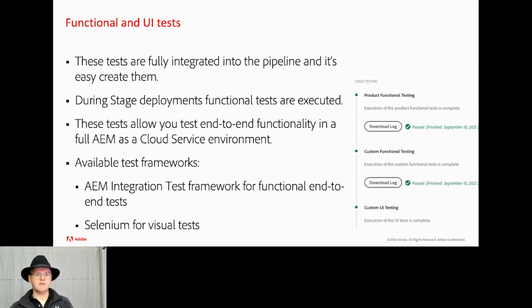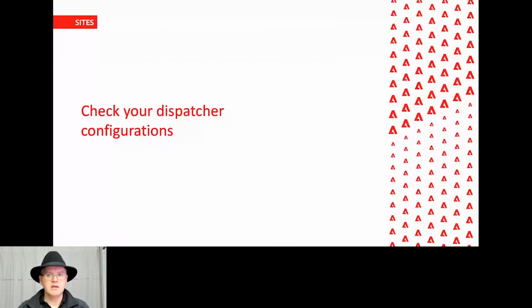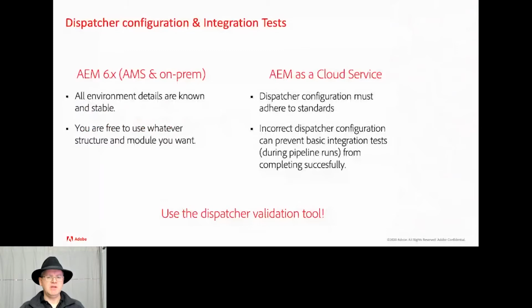And the final thing from my side is the dispatcher configuration. Dispatcher configuration is a little bit like index definitions. In the AEM 6.x world, you could do what you want. You had an Apache HTTPD server, you could use all the modules, and you could operate it as you saw fit.